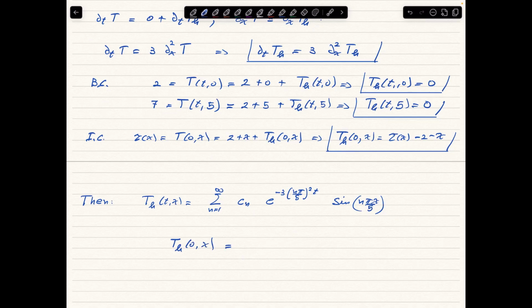On one side it is the sum from n equals 1 to infinity of the coefficient Cn multiplied by 1, and then multiplied by sine of n pi x over 5. On the other side, this is equal to tau of x minus 2 minus x.